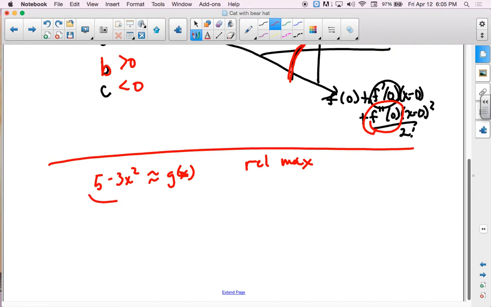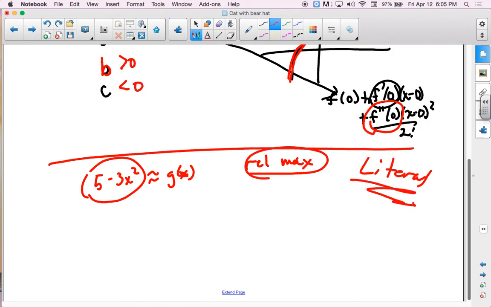I'm looking at this thing that's modeling it. How do we decide on a relative max? I like for you to be very literal. The first derivative would be 0 or undefined, and a way to tell if you have a relative max is that the second derivative would be less than 0.